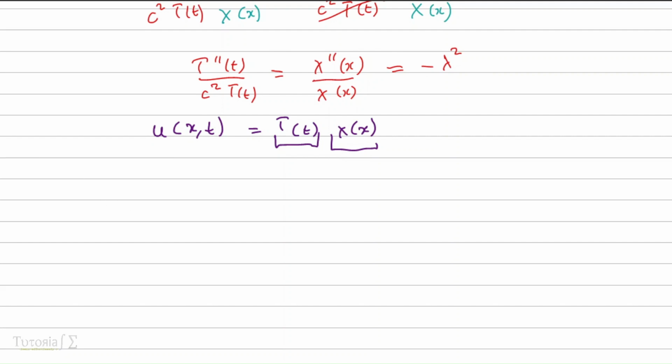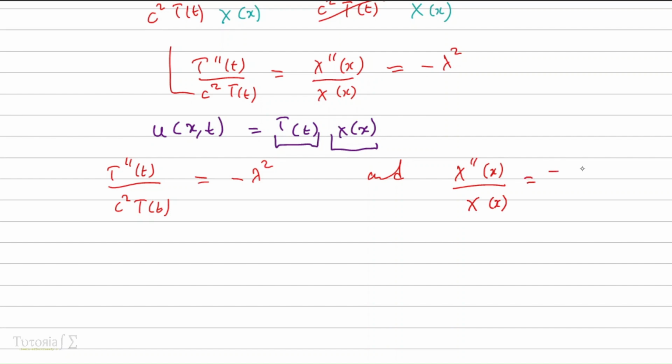So we can have T double prime of t over c squared T of t equal to negative lambda squared, and X double prime of x over X of x equal to negative lambda squared.